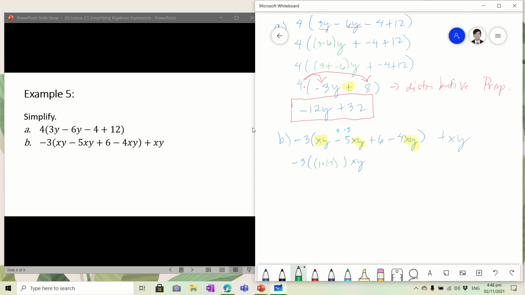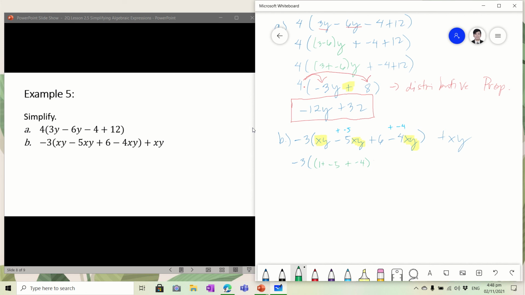And then the last term is a minus as well, minus 4. So you can think of it as plus negative 4 in your mind. So we're adding a negative 4.